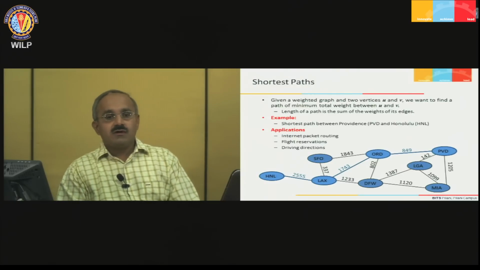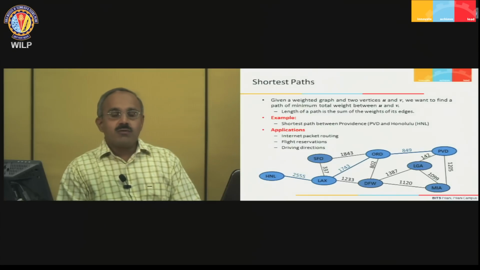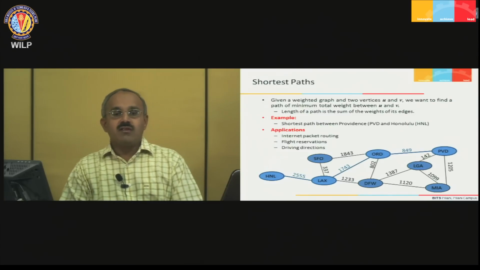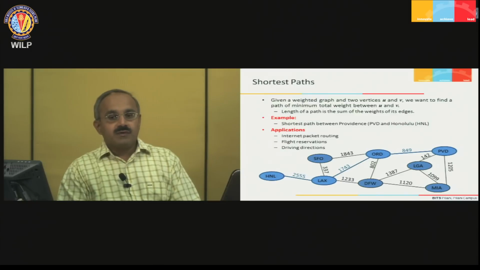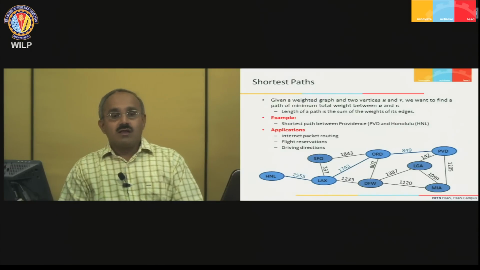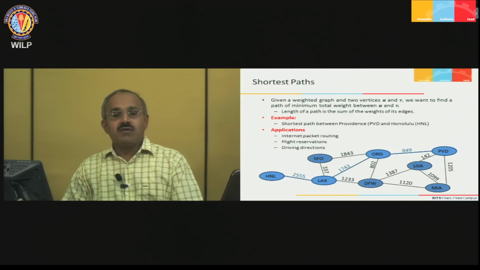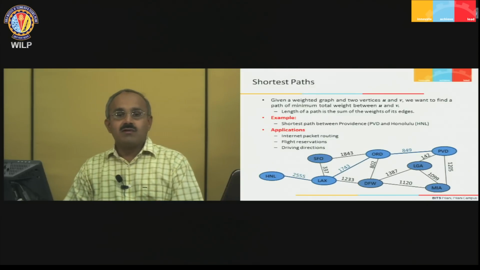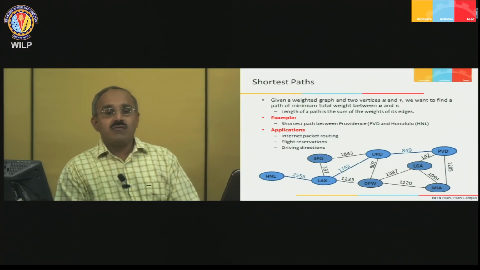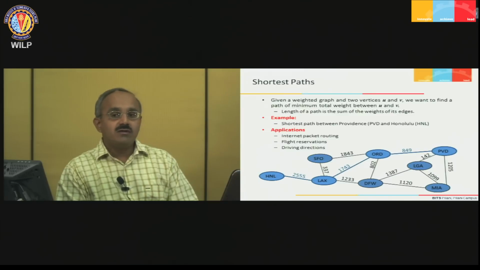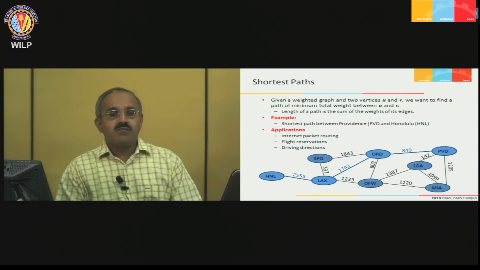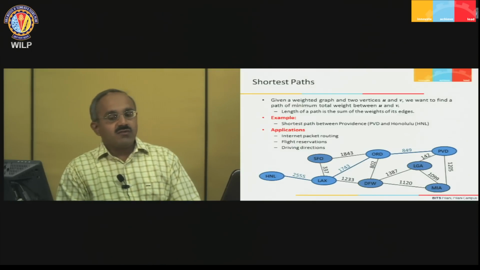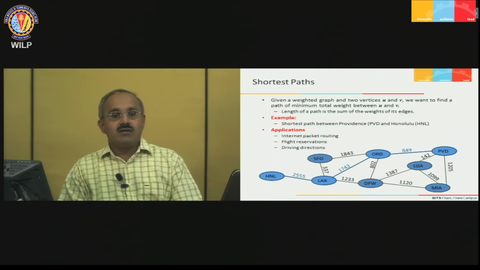As clear from the definition of the problem, it has many applications in real life. It has applications in internet packet routing, where your graph is going to be a network and edges and their weights might be represented by the bandwidths available, or it could be driving directions where the distances become important, or flight reservations where you do not have a direct flight from source say x to destination y and you have to find a hopping flight.